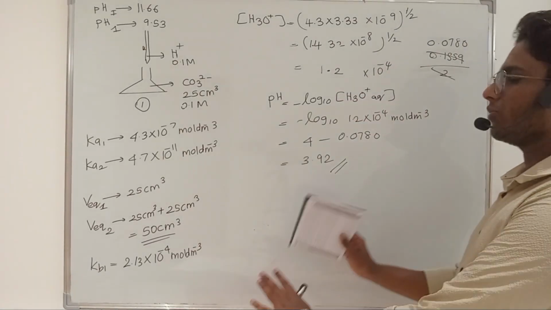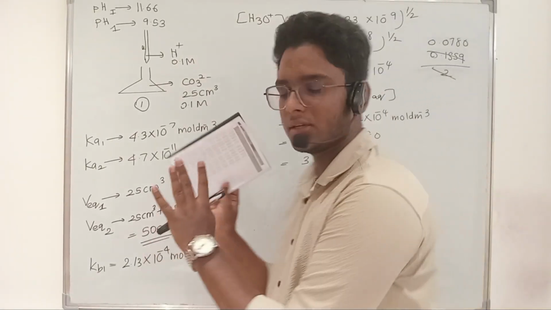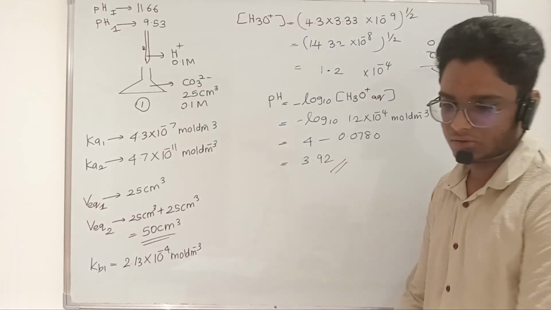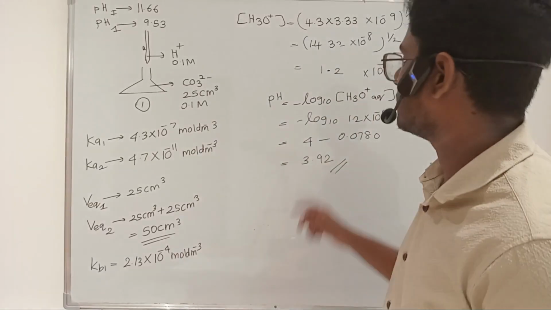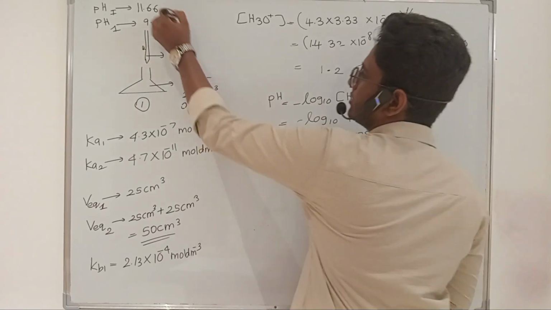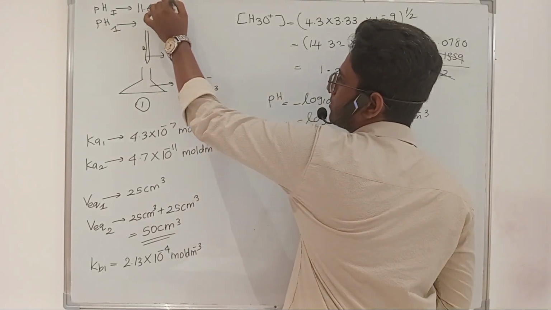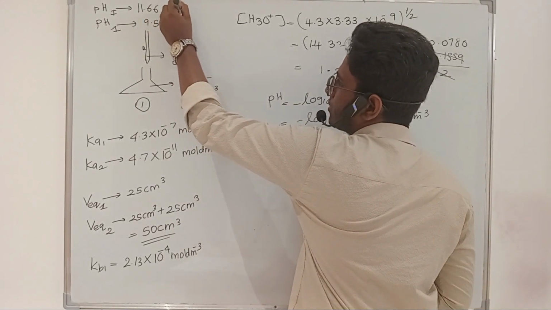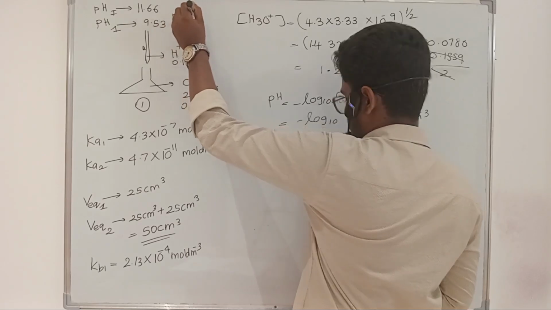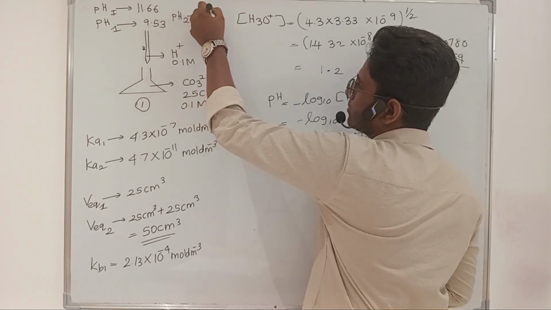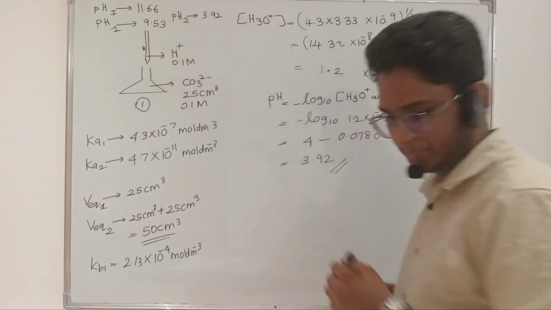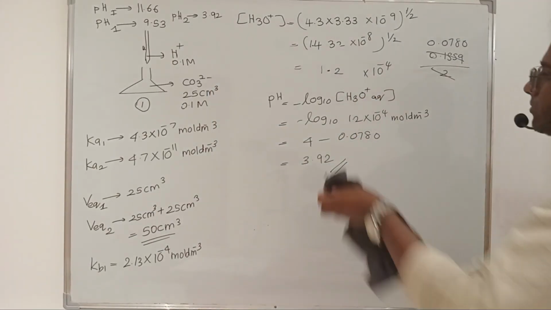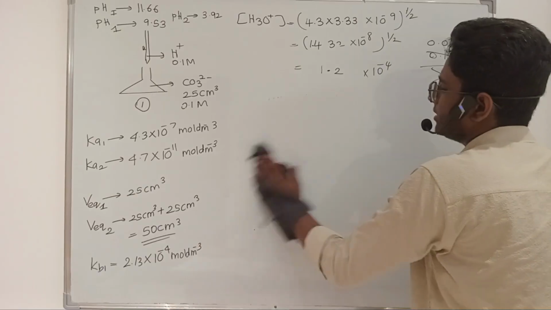Now the final part to do is to draw the pH curve. So I'll note this down also: the pH at the second equivalence point is 3.92. How can I draw the pH curve?